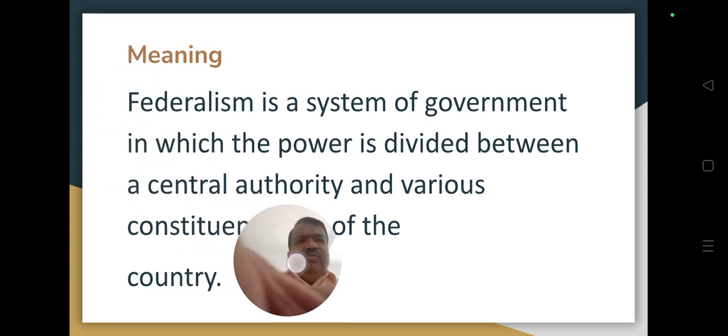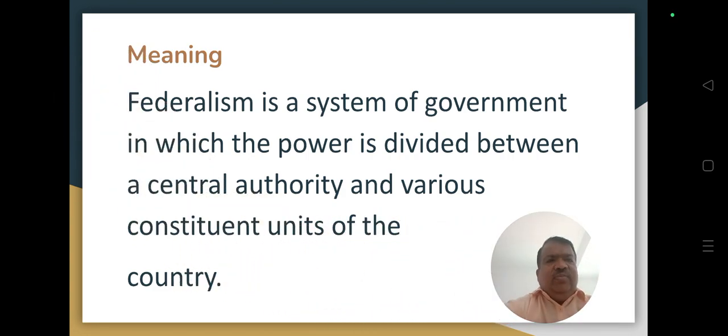Here, let us learn about the meaning. Federalism is a system of government in which the power is divided between a central authority and various constituent units of the country. Friends, there will be at least two levels of governance in a country.